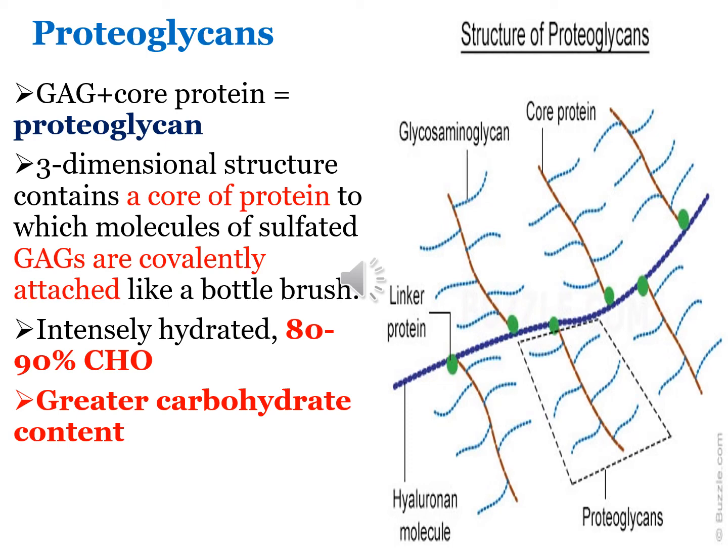So you have a central core of protein to which GAGs are attached, and these are highly hydrated. About 80 to 90% of the content is carbohydrate. So proteoglycans, even though the word glycan comes after, the glycan content is more. They are 80 to 90% carbohydrate rich.